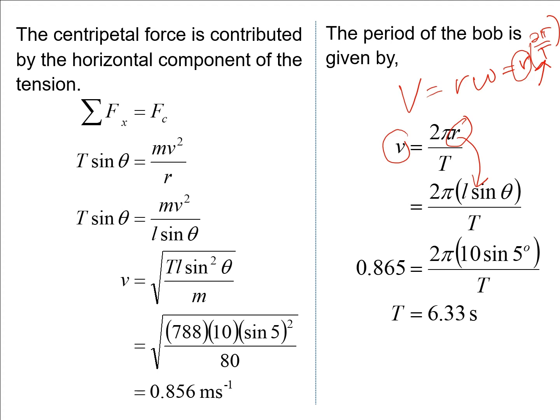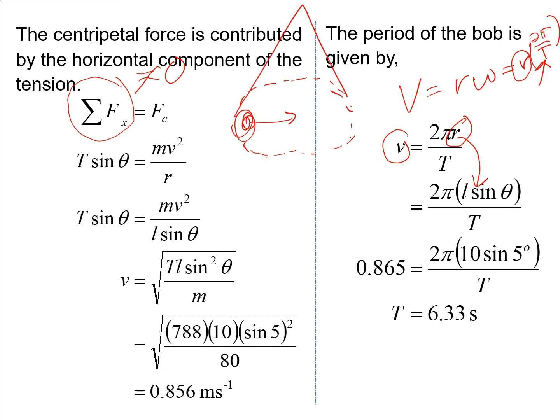To get the speed, we take the net force on the x-axis. Okay, now the net force on the x-axis is not equal to 0. Alright, because the bob moves, it rotates on the horizontal component. Okay, it moves in circular motion on the x-axis.